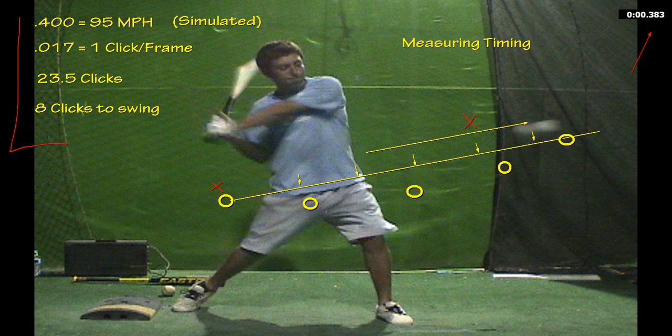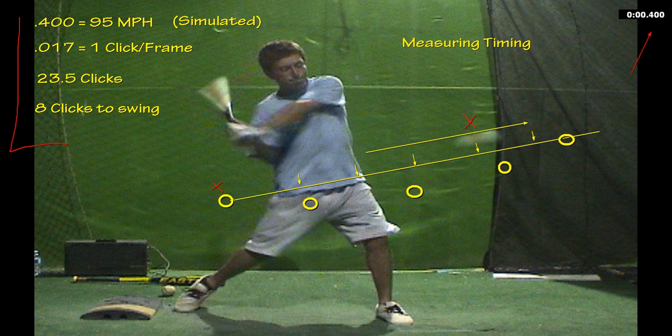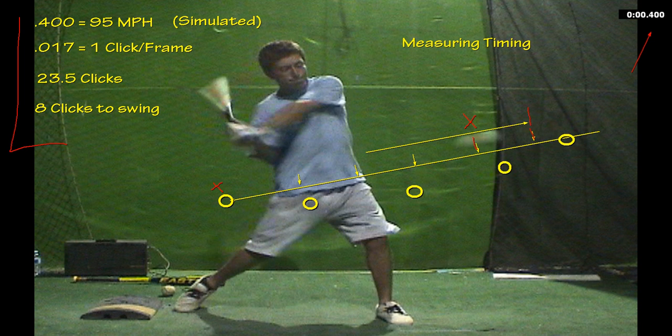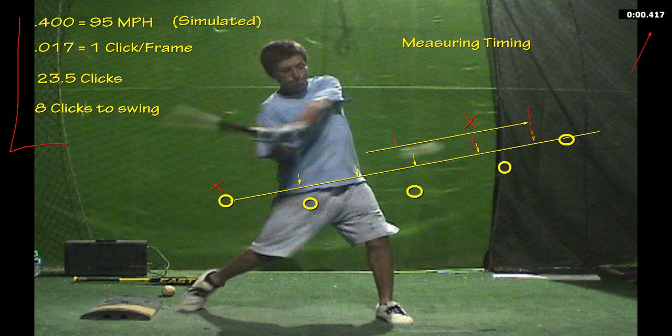It's a shorter distance. So in one frame, which is 0.017 seconds, the ball is traveling about a foot. In reality, if it's going 95 miles an hour, it would be here and then all the way to about here, or about 2.3 feet in that 0.017 seconds.